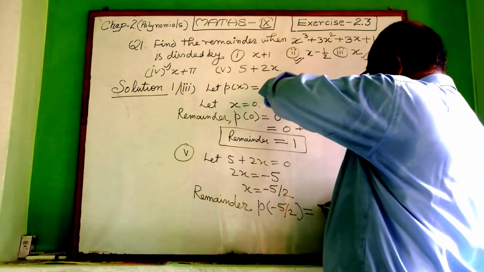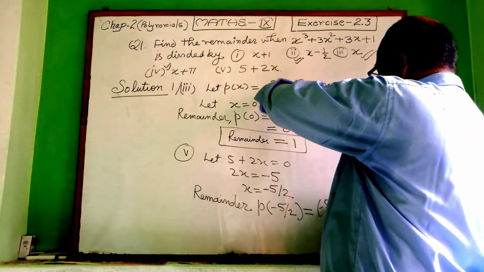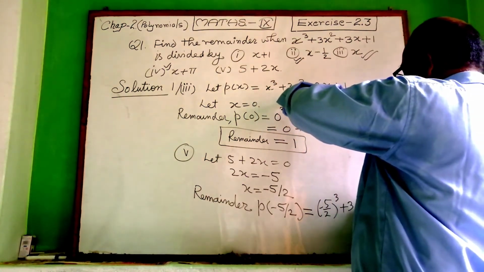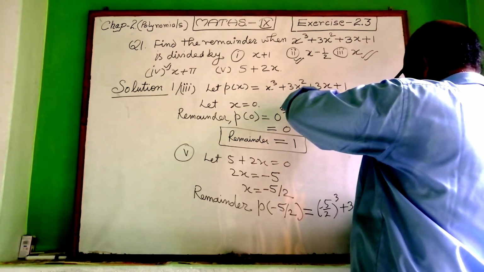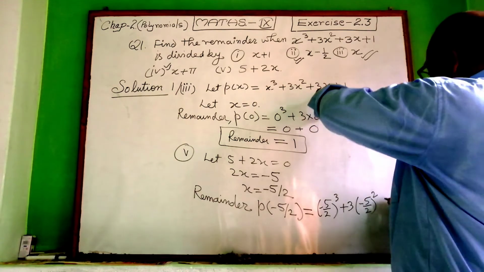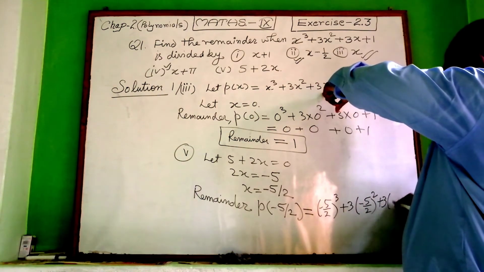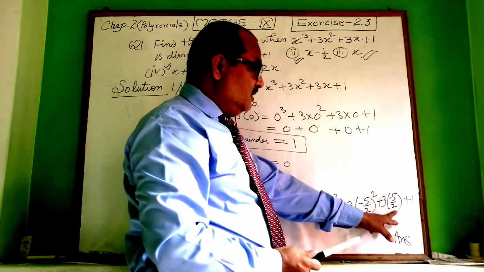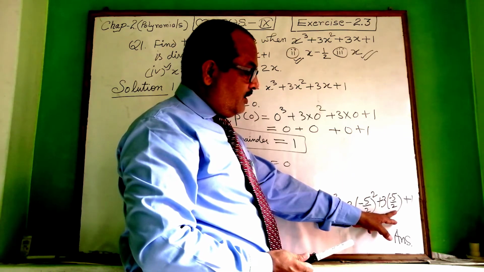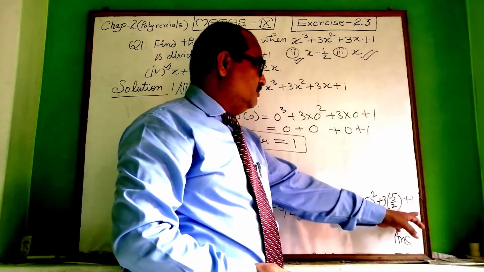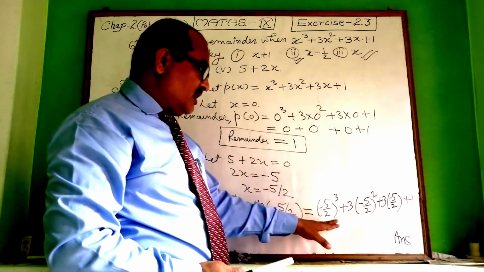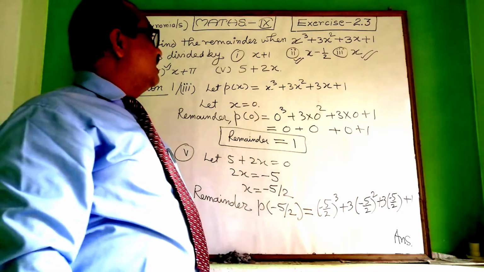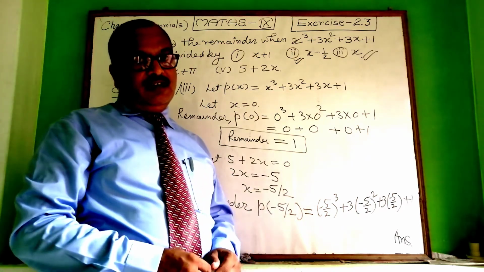Here we will put the value, minus 5 upon 2 whole cube plus 3 into (minus 5 upon 2) whole square plus 3 into minus 5 upon 2, so in the place of x in 3x, minus 5 upon 2, and the last term plus 1. After simplifying this line we will get the remainder of this question. So all the parts of this question are discussed well.